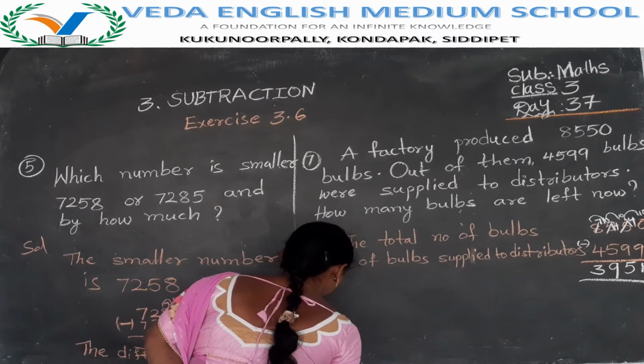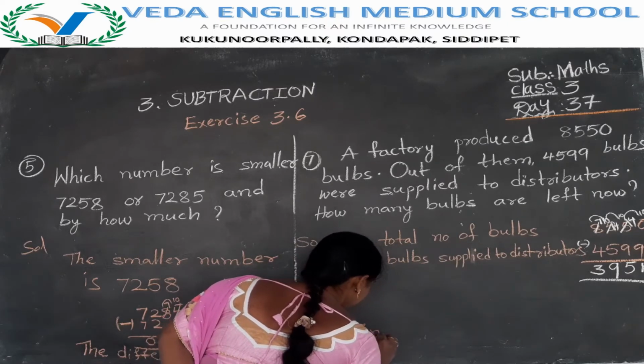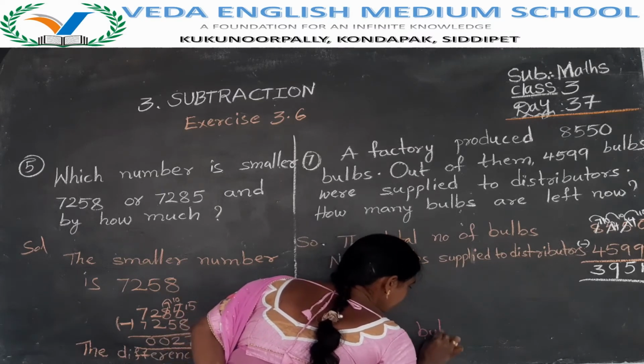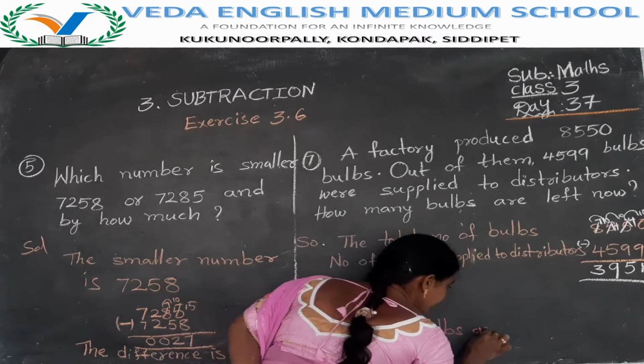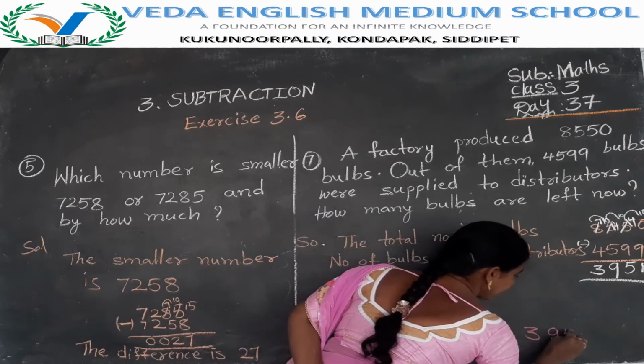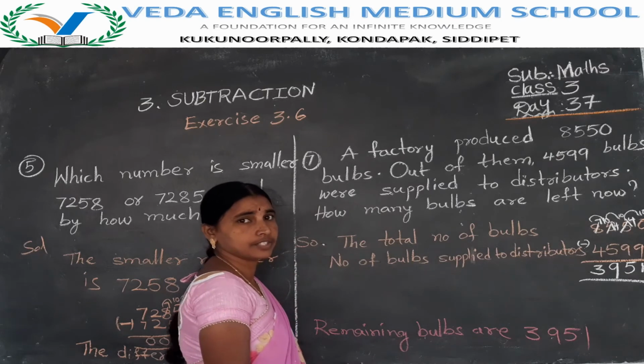The remaining bulbs are 3951. Okay? Understood, Nana?